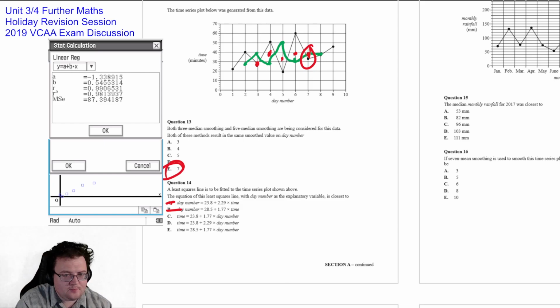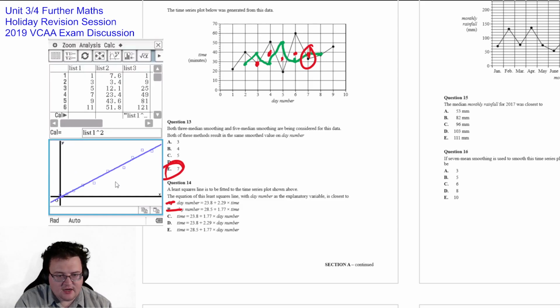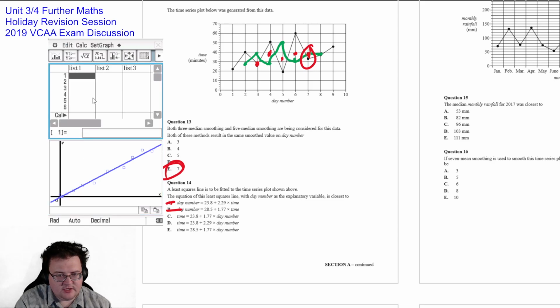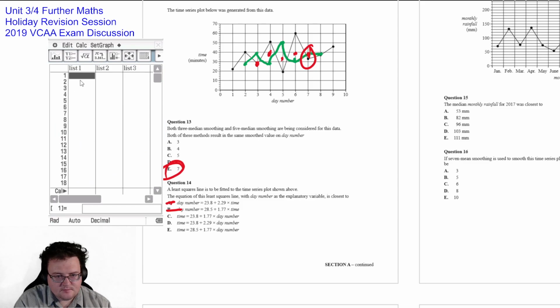Least squares regression line with day number as the explanatory. So we need to get some numbers out. We will go back up here, clear out all this. We don't need this. We've got day 1, day 2, day 3, day 4.